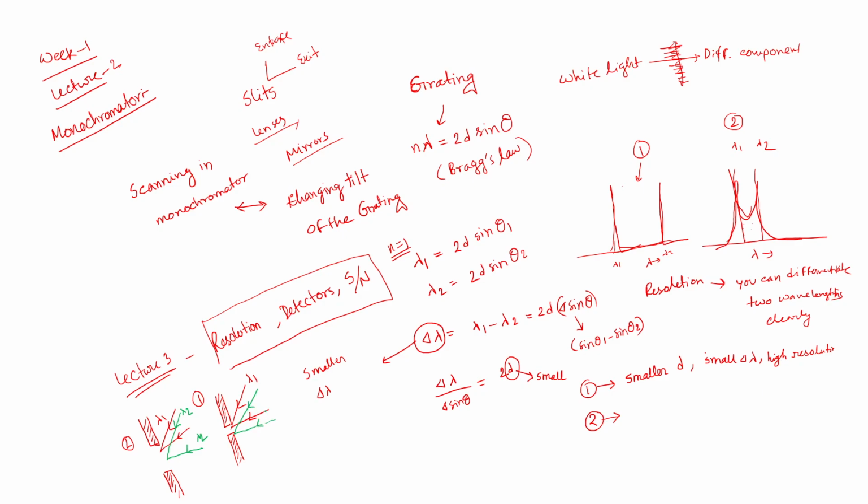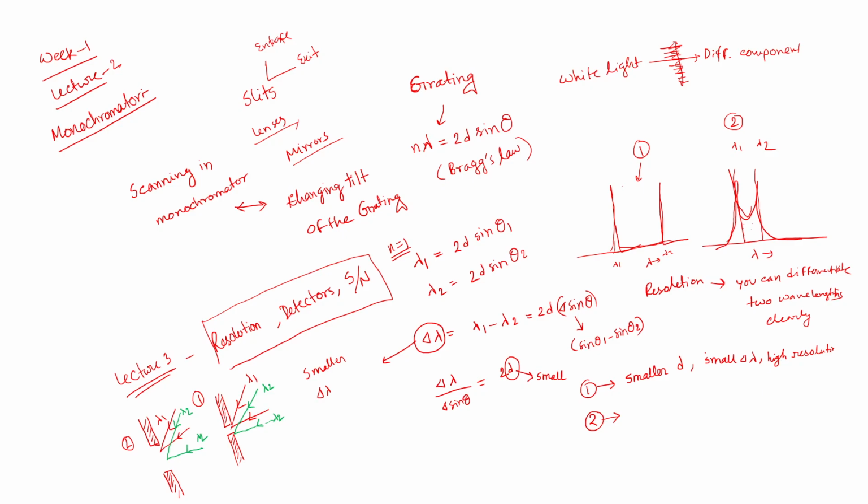So what do you think? In which case can you get higher resolution? Smaller slit width or higher slit width? Smaller slit width, yes, you are correct. The main point is we need to differentiate between lambda 1 and lambda 2.